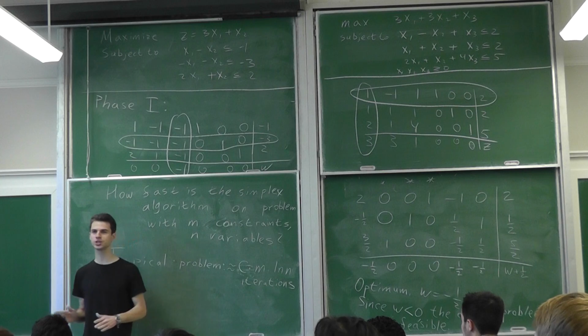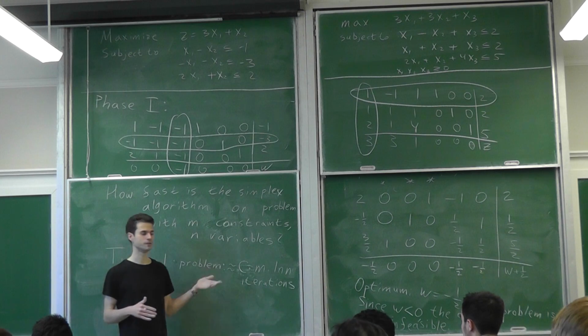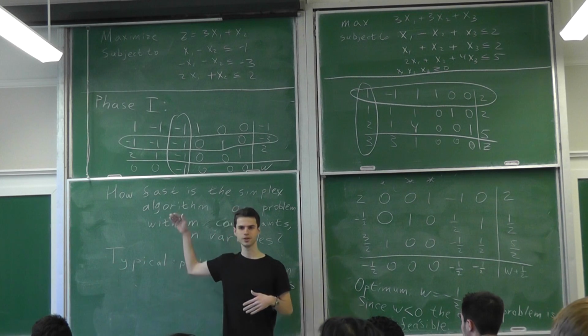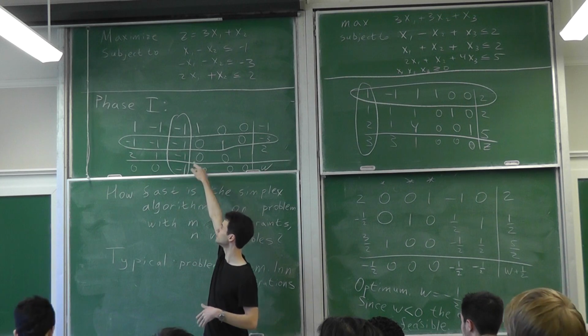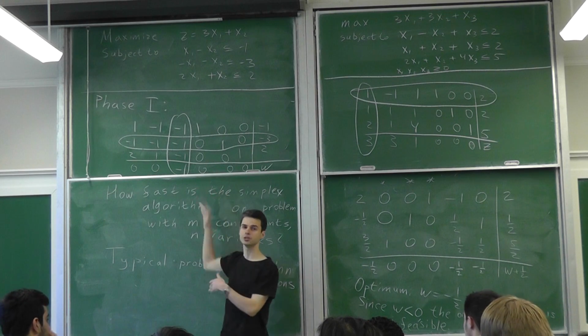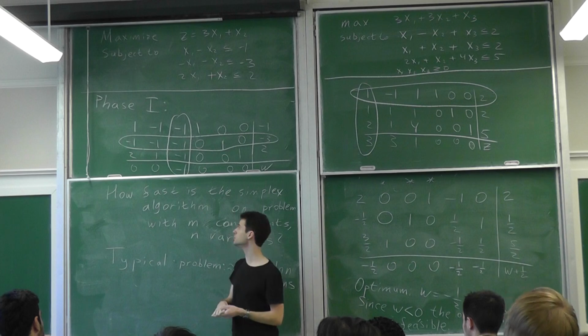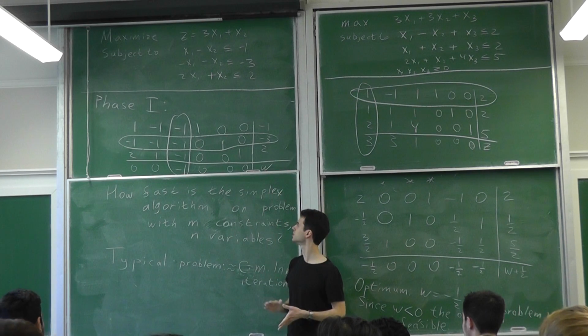Each iteration, you are choosing the pivot row, pivot column, and doing some Gaussian elimination.